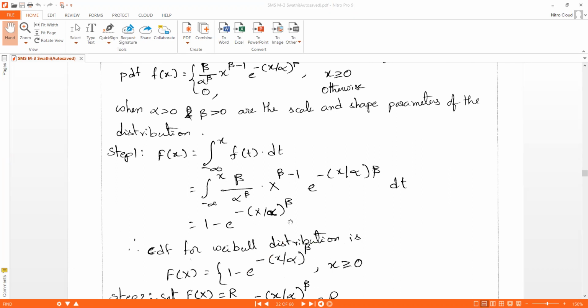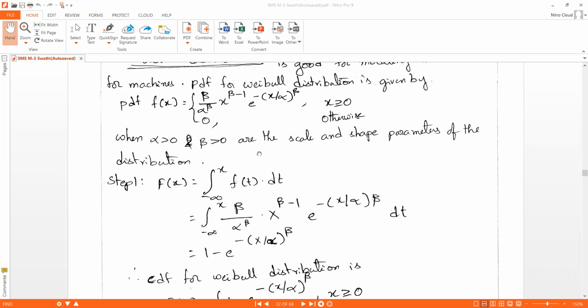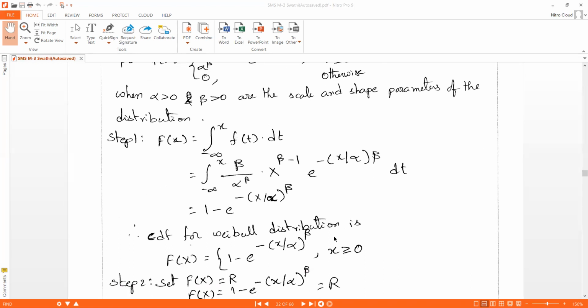Step 1, what will we do? We'll write the capital F of x as the integral from minus infinity to x of f of t dt. The f of x value, beta divided by alpha power beta into x power beta minus 1 into e power minus (x by alpha) power beta, we substitute in the place of f of t to find F of x.